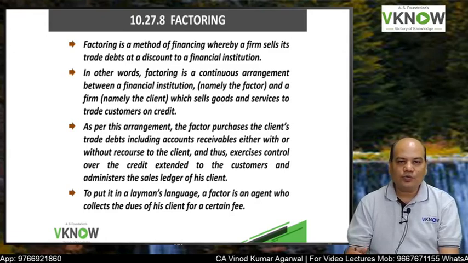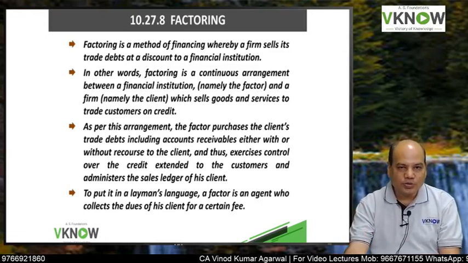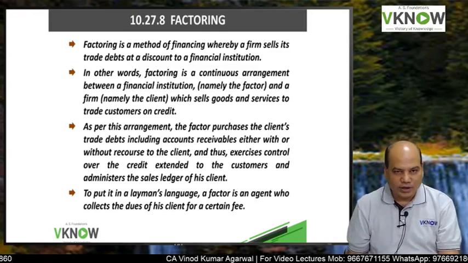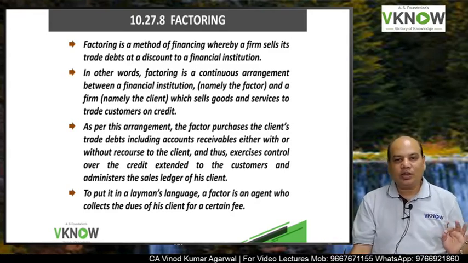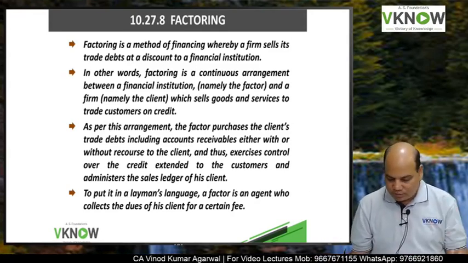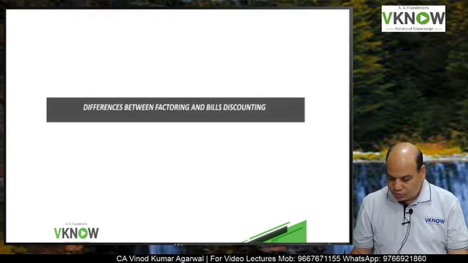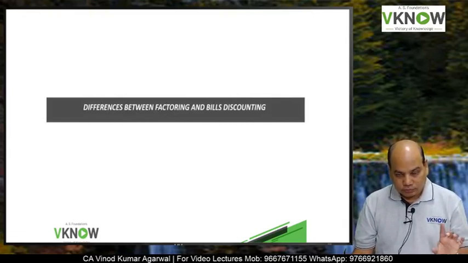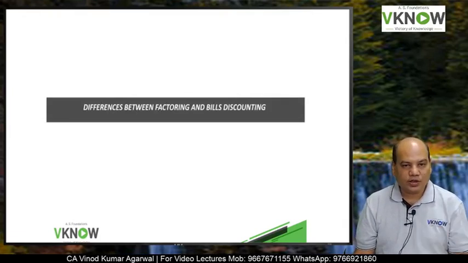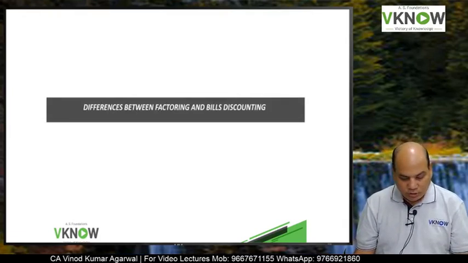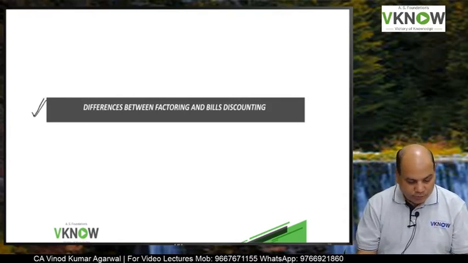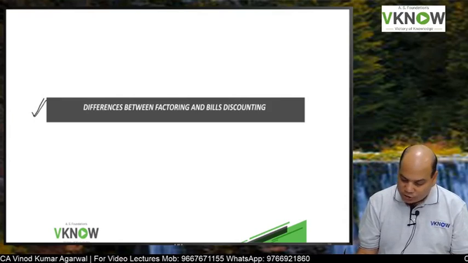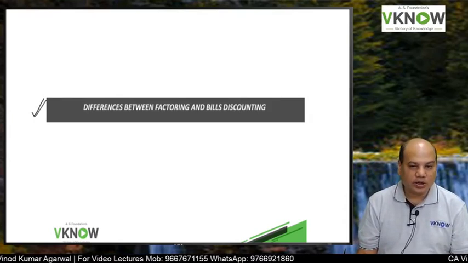The client does not have to wait for the debtors to pay because they get advance against invoice from the factor. This way they can meet their working capital requirement. In simple language, it is more like an outsourcing function.